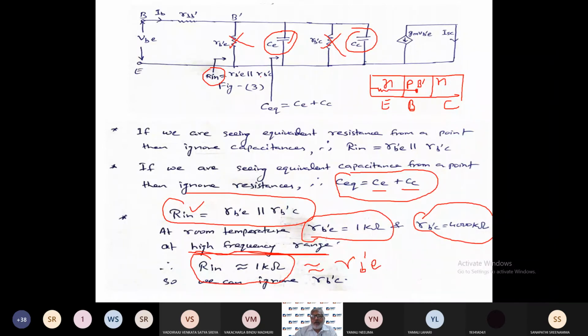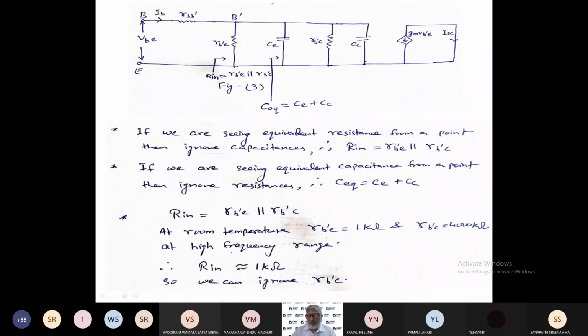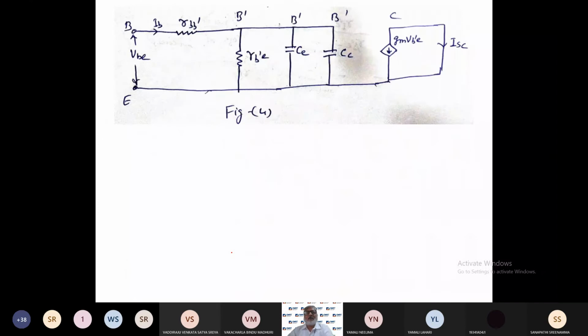So we will neglect this RB'C part, because it is in parallel with RB'E, and the RB'E value is much lower, so the overall value will be much lower. Now the circuitry will look like this.